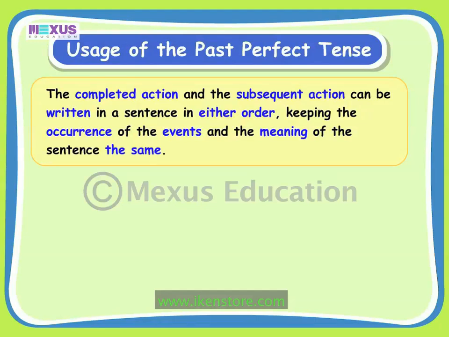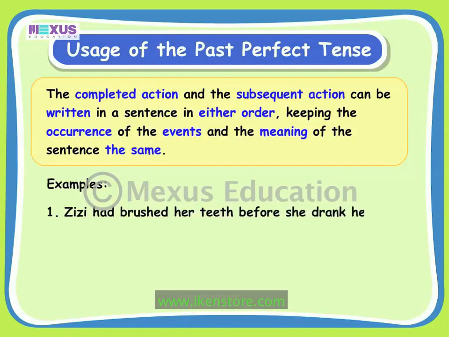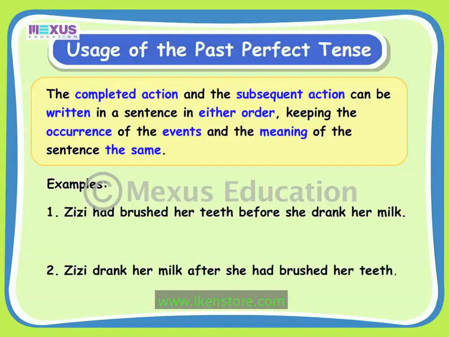We can understand this better with the help of our earlier example. Zizi had brushed her teeth before she drank her milk. We can also write this sentence as Zizi drank her milk after she had brushed her teeth.